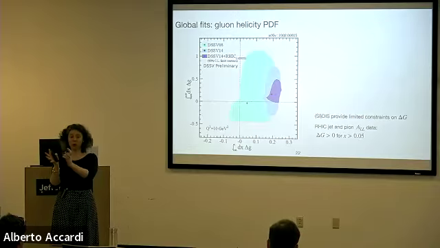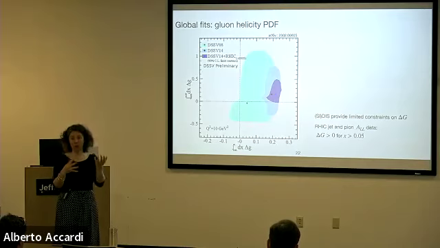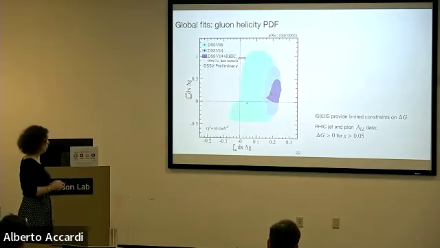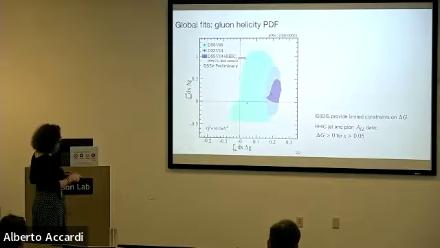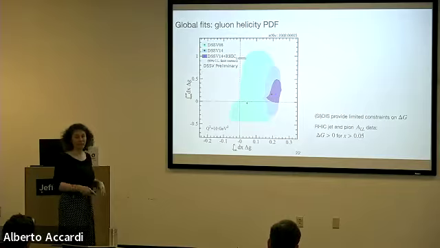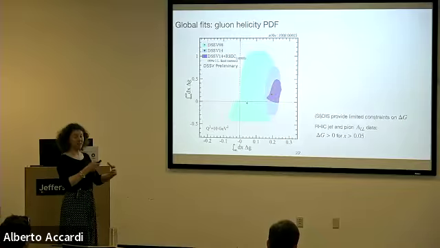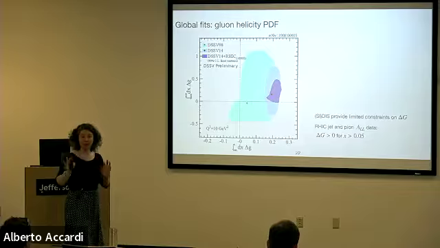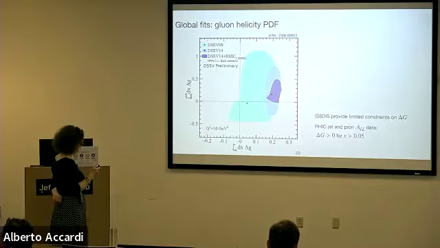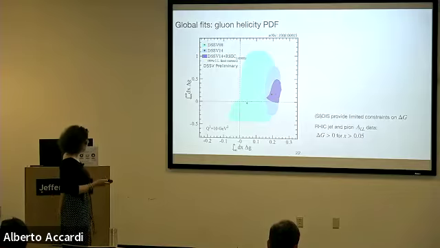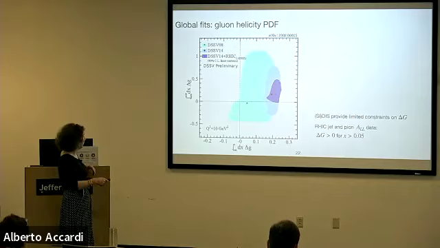So we have the quark spin and also a positive contribution from the gluon spin. In the lower region of x, we definitely still need to constrain the data better. But this is a second piece of the puzzle that's becoming a bit clearer. We get a non-zero gluon helicity contribution for x above 0.05.